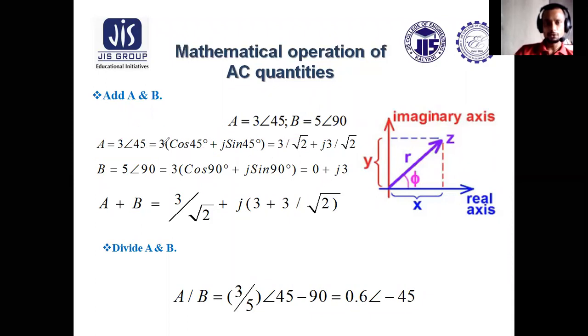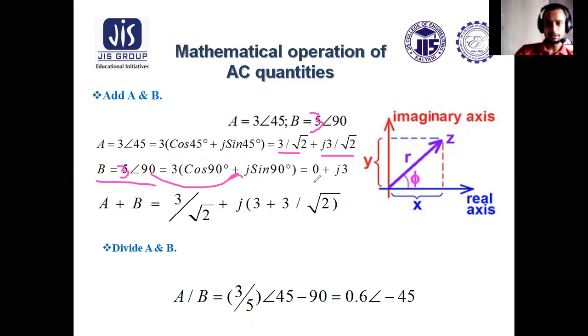Now cos 45 is 1 by root 2, so 3 multiplied by 1 by root 2 is 3 by root 2. Similarly, 3 into sin 45 will be 3 by root 2, and there is j. Similarly, B is 3 angle 90, so cos 90 plus j sin 90.